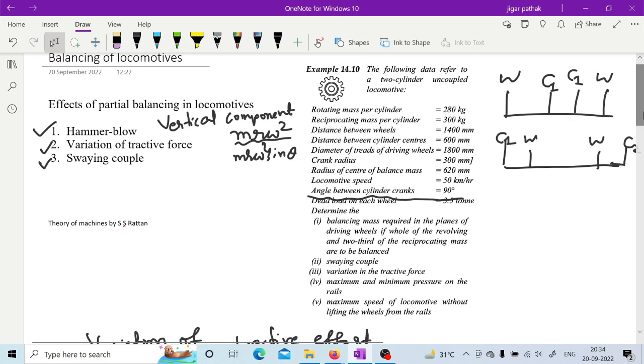So can you try this particular question with the following data? Here a two cylinder uncoupled locomotive is there.